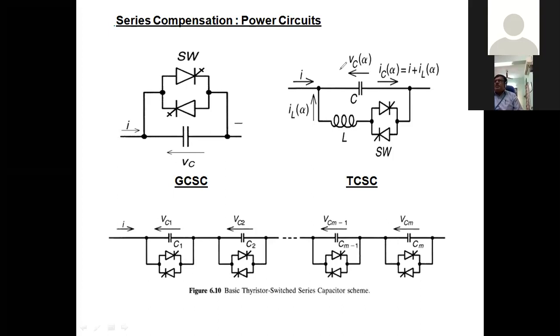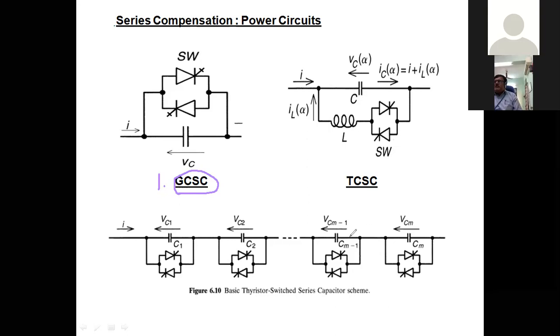So that is about chapter 5. We have a total of three devices. One, GTO controlled series capacitor. It comes under the thyristor family, so it is also called a GTO thyristor controlled series capacitor.